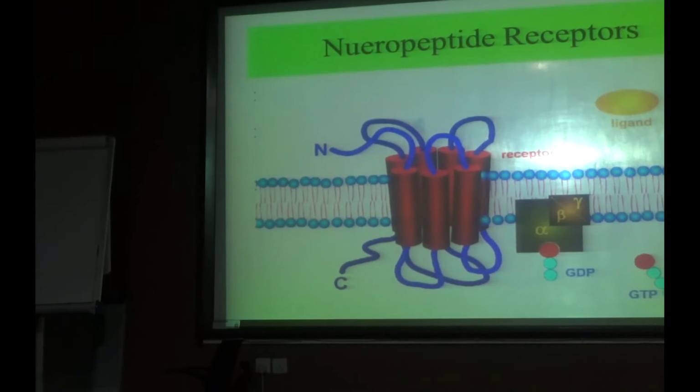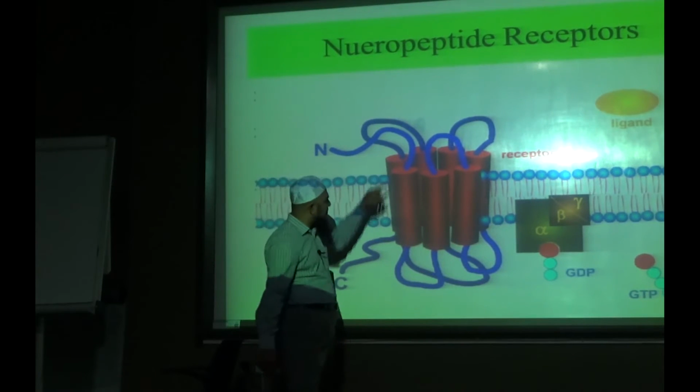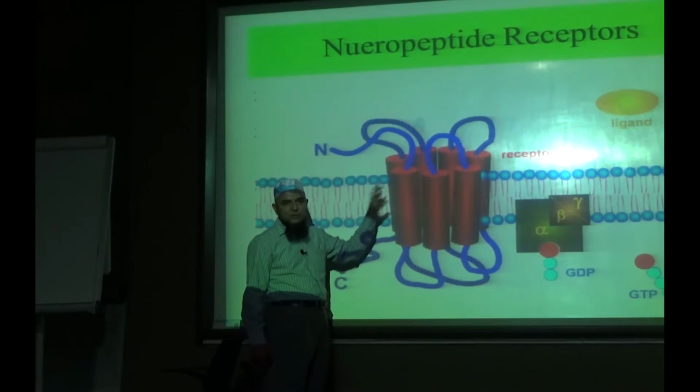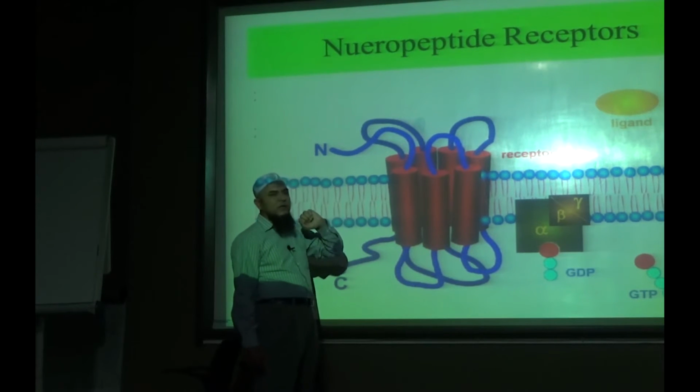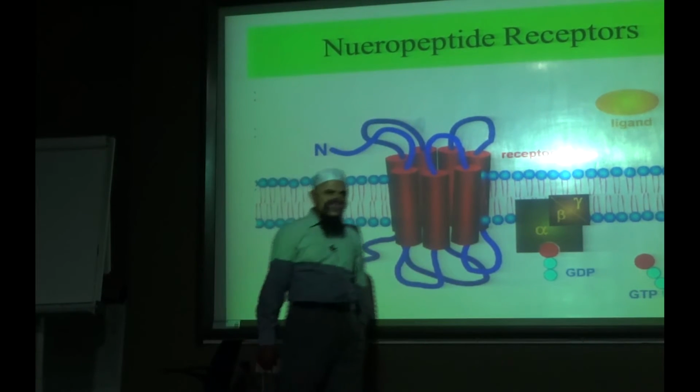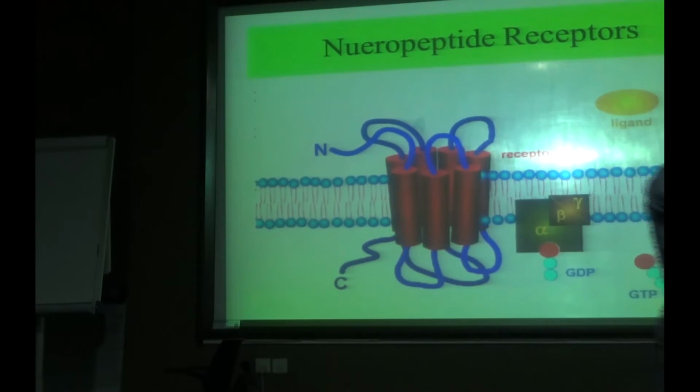Neuropeptide receptors, very important types of receptors are there. These receptors are transmembrane receptors. And you can see here which type of receptor they are. They are called transmembrane receptors. And there is one important point.